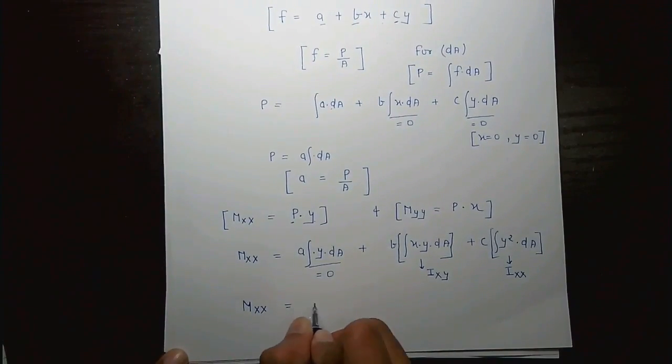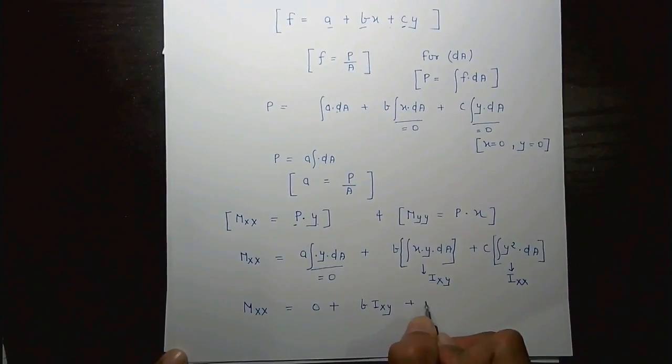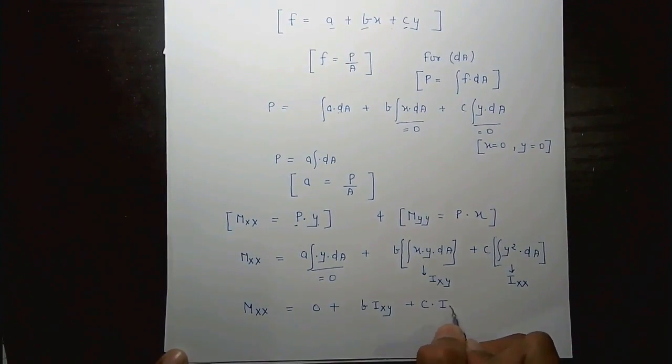So bending moment about x-axis is b Ixy plus c Ixx.